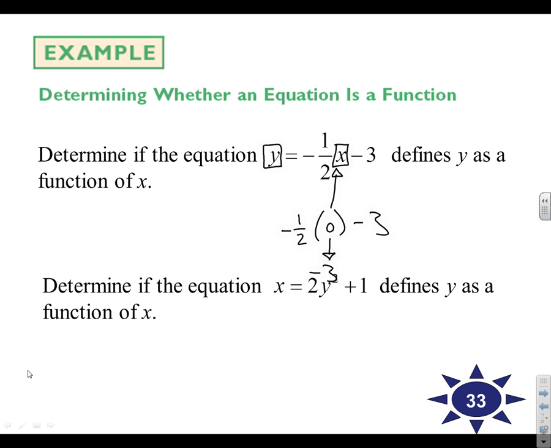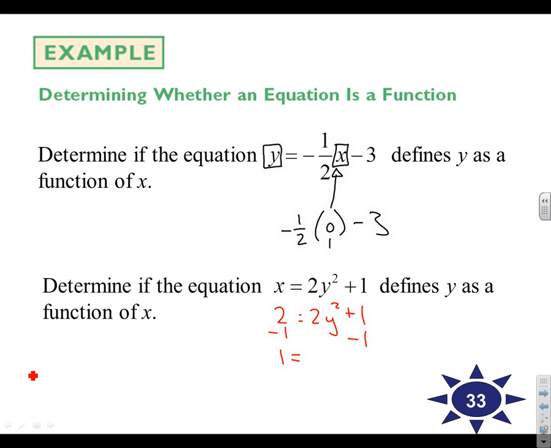Alright, how about this one? x equals, and it's blocked here, but you can see it, 2y squared plus 1. If we plug in, let's go with 0 again, 0 equals 2y squared plus 1. Actually, let me use a better number than 0 for this example. Let me use 2, because now we're going to subtract 1.